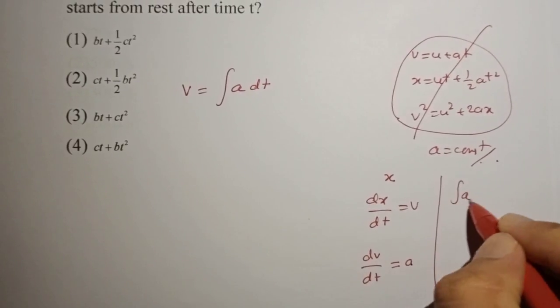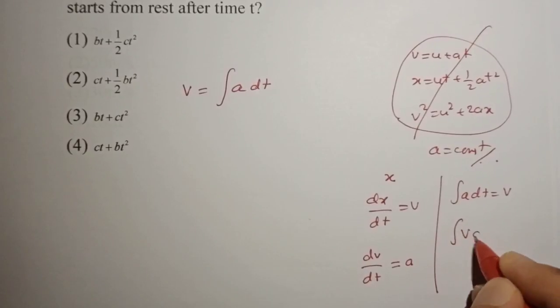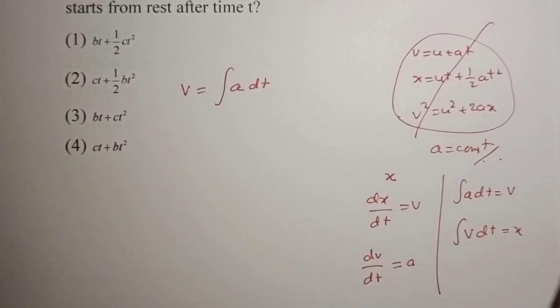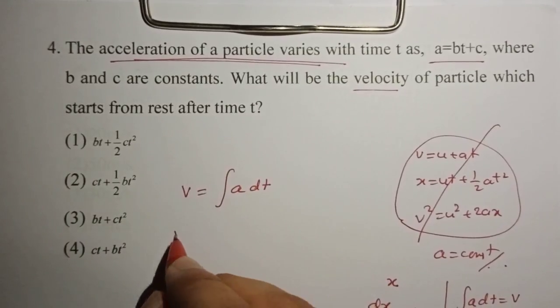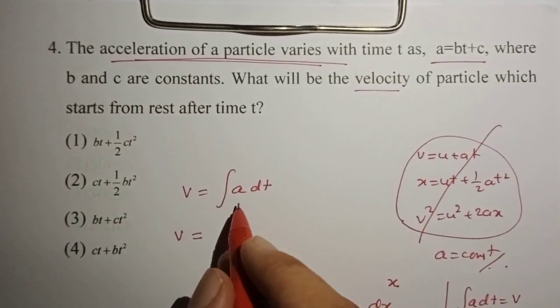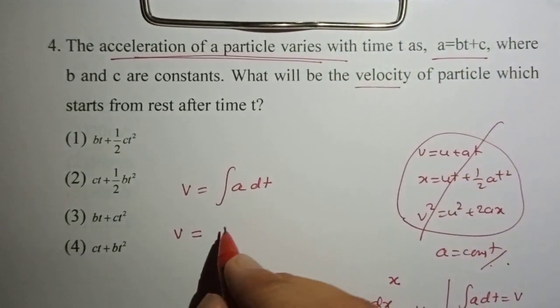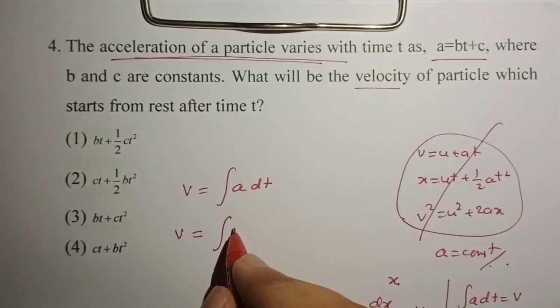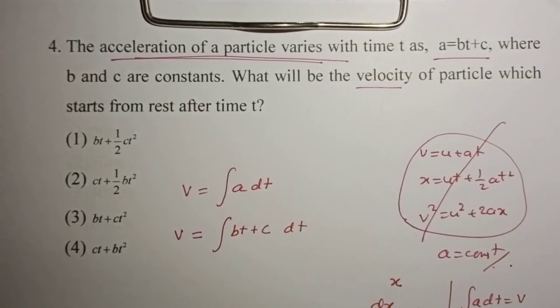If you integrate acceleration with respect to time, you get velocity, and if you integrate velocity with respect to time, you get displacement. So to find velocity, integrate acceleration with respect to time: v is equal to the integral of bt plus c with respect to t.